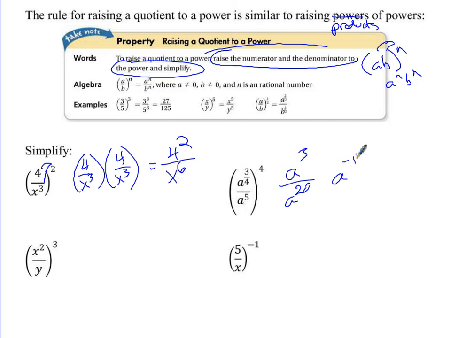Negative 17. 3 minus 20 is negative 17. And is that our answer? No, still not done, because what's wrong here? Negative exponent, we can't have that in our answer. So what am I going to write? 1 over a to the 17th. And you're done. So there's actually quite a bit more to do there, but we got to the answer.